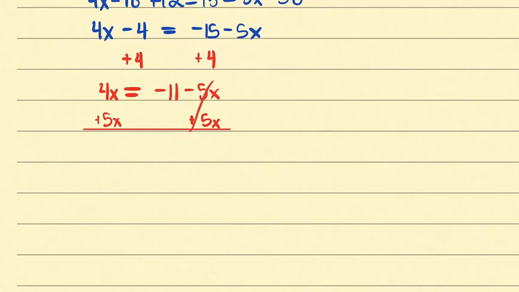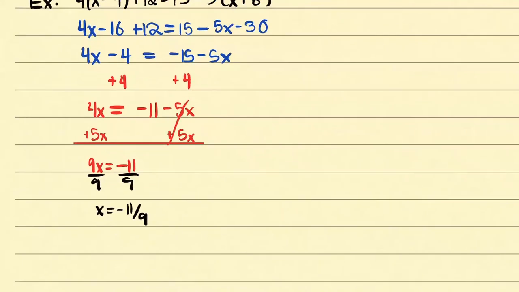So I get cancellation here, but 4x plus 5x is 9x is equal to negative 11. The last step, divide by 9. So this is a conditional equation that is true when x is equal to negative 11 over 9.